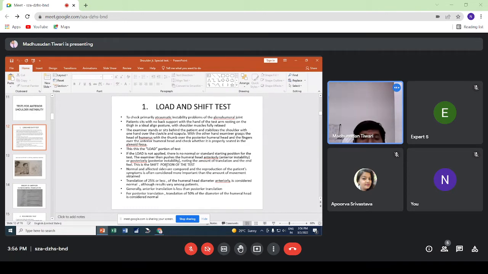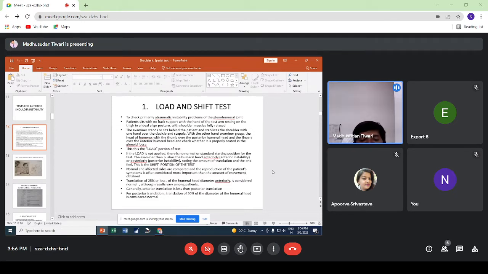This is the shift portion of the test. Normal and affected sides are compared, and reproduction of the patient's symptoms is often considered more important than the amount of movement obtained. Here the patient will tell, yes, I am feeling pain while you are shifting the head of the humerus anteriorly or posteriorly.